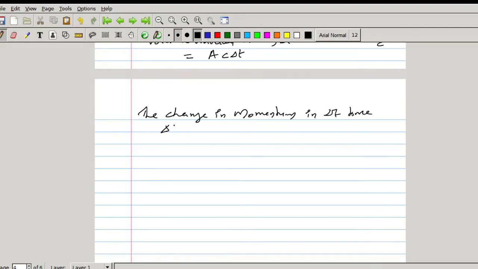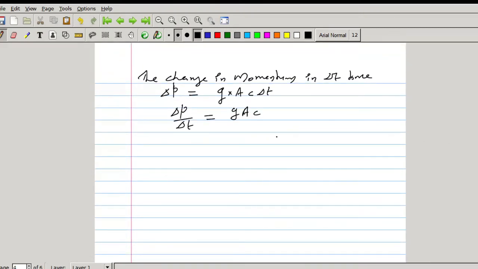Change in momentum, I am writing it as delta p, small p. Delta p equal to momentum density G into volume. That will give the change in momentum. What is volume? AC delta t is volume. So delta p by delta t is GAC. Delta p by delta t is force. Force by area will give pressure. So from that we can calculate the radiation pressure.